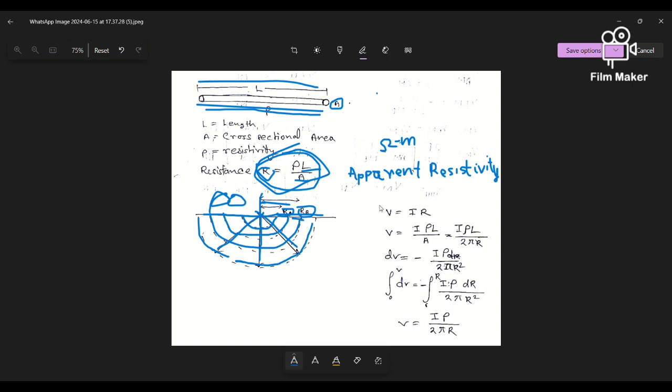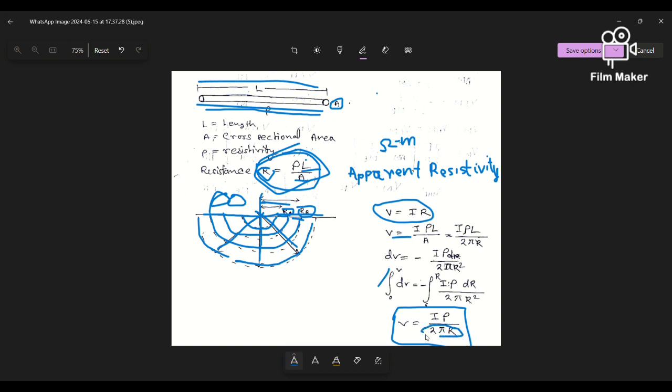Here we will follow Ohm's law, and R will be replaced by the apparent resistivity formula, and we determine the formula by integrating this, creating the main formula V is equal to I rho by 2 pi r.